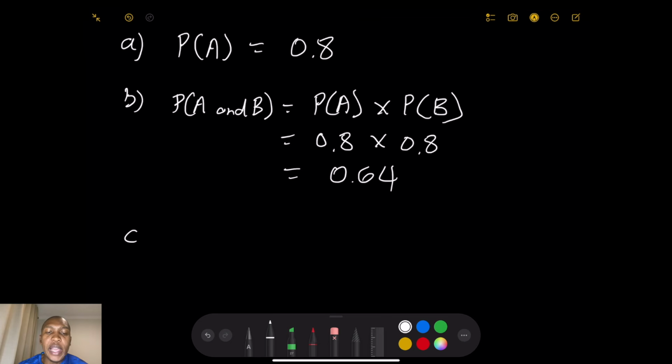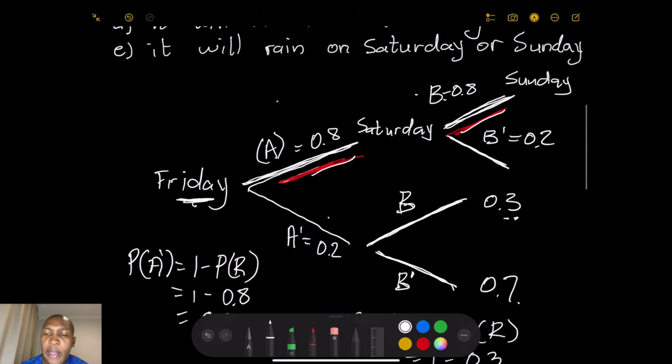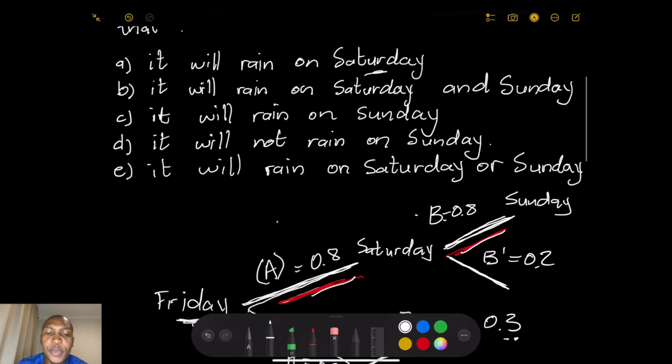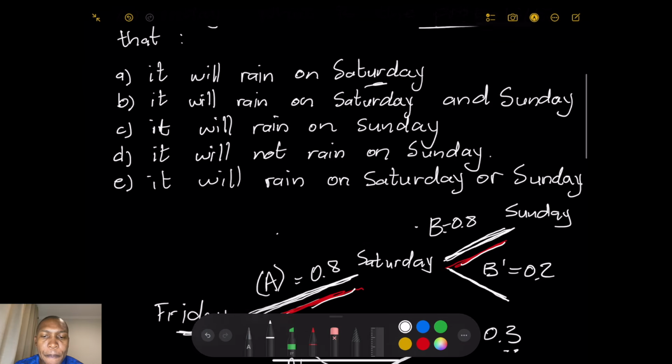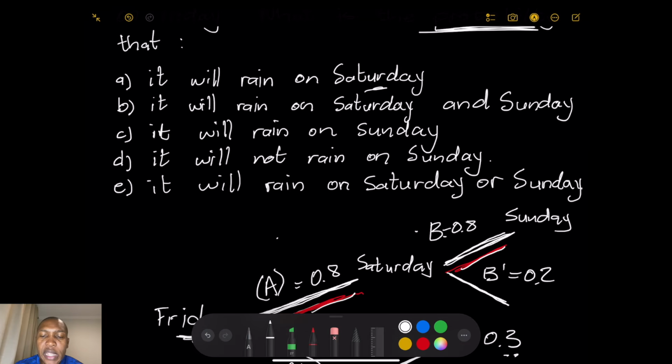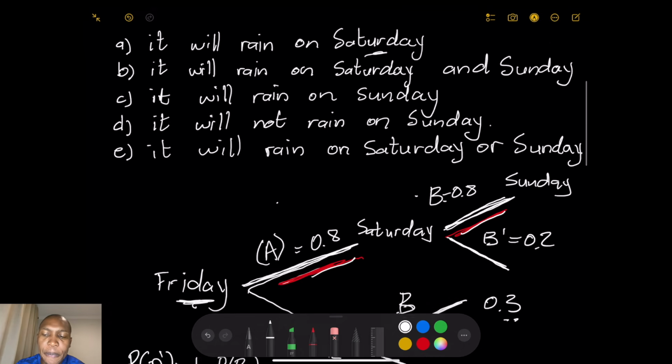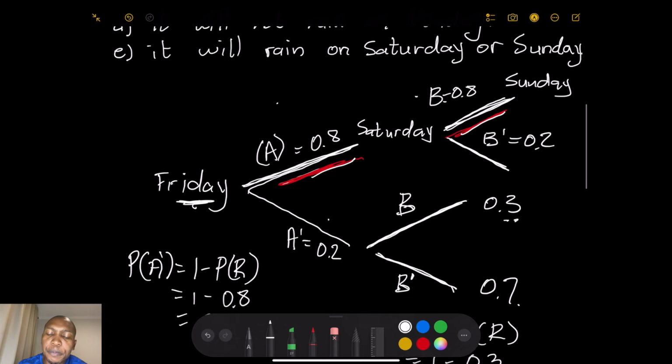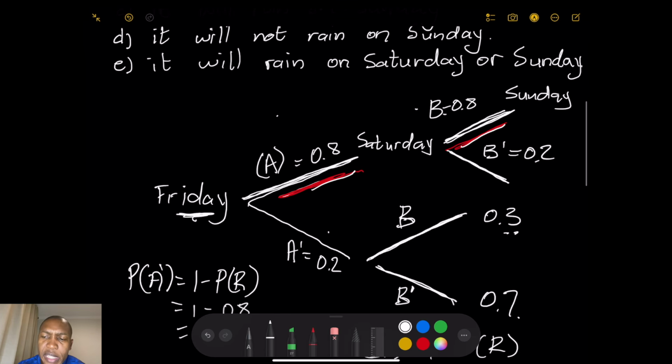Right, now let's look at the possibilities. The next one, they say to us, what's the probability that it will rain on Sunday? Now, I want you to please note in this case, we are simply looking at Sunday. Of course, there are two possibilities of rain on Sunday.